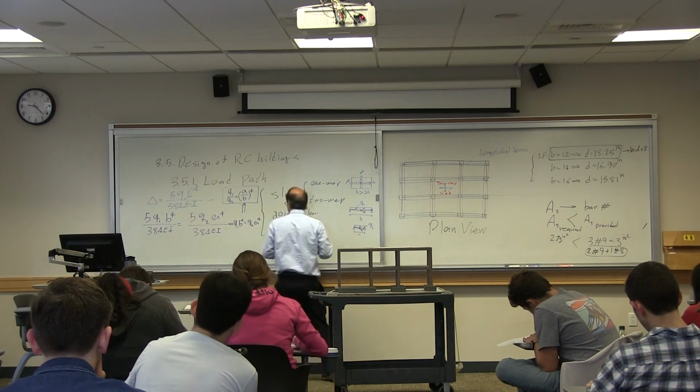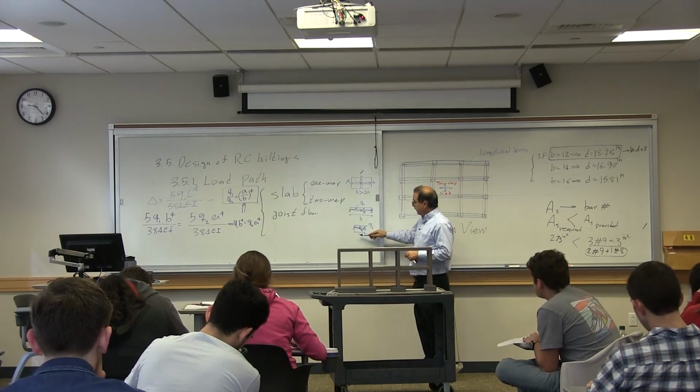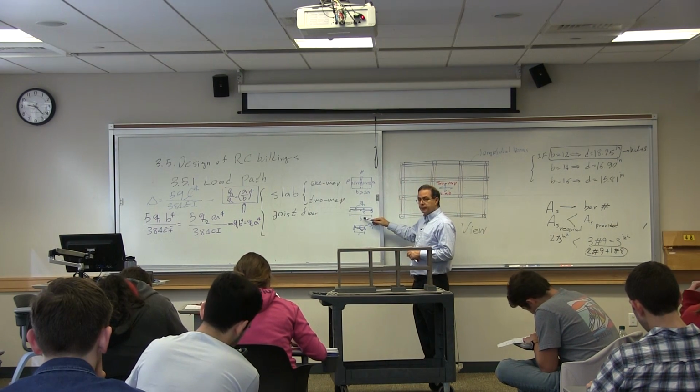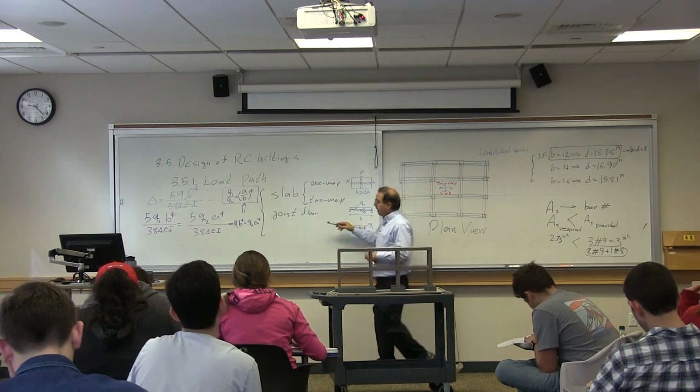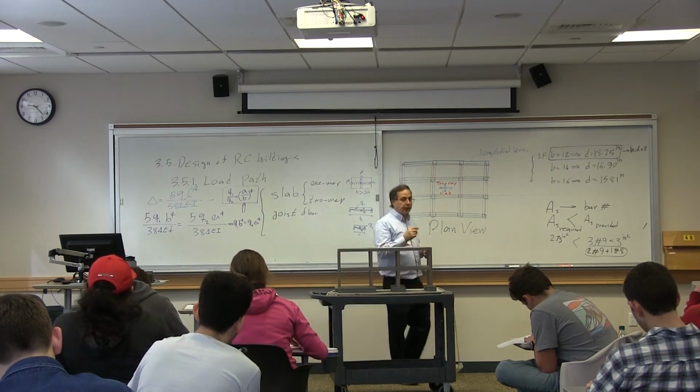So that means if A is 1/2 of B, A divided by B to the power of 4 becomes 1/16.